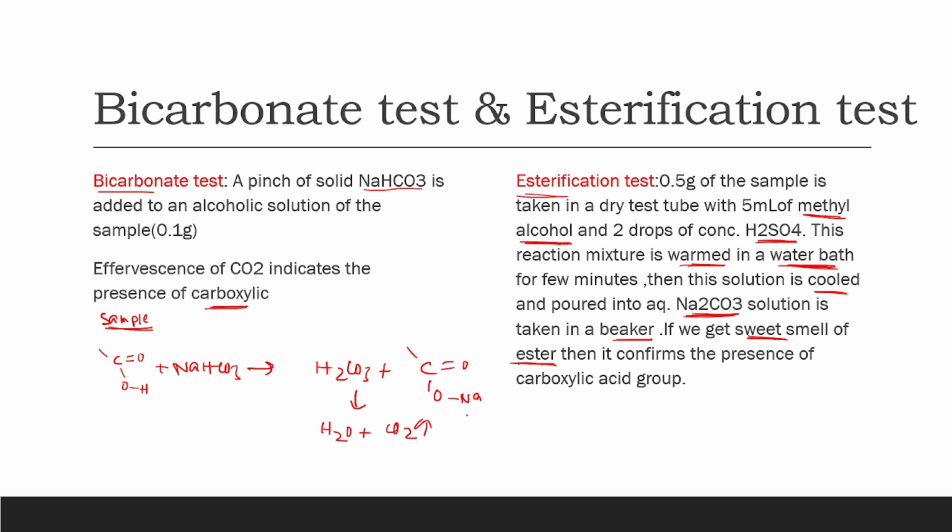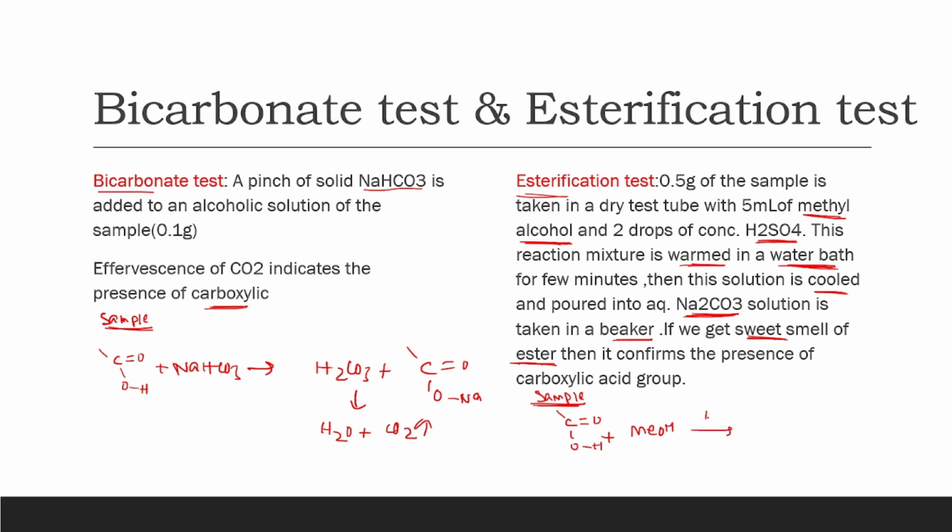Now let's talk about the reaction during the esterification process. This is the sample. In that case also, I do not know whether carboxylic acid group is present or not. If carboxylic acid is present, then this carboxylic acid will react with methanol.